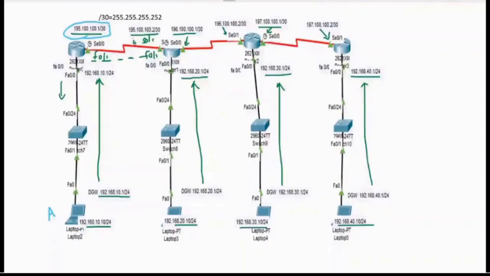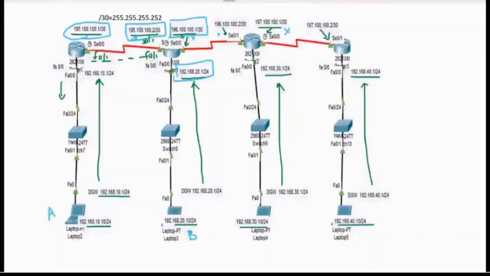You can't reach 195.100.100.2 either, or any other networks beyond that, because that particular router doesn't know how to reach the other networks. So the PC B can only travel up to 195.100.100.2 and 196.100.100.1. It can't reach the other network because that second router doesn't know how to reach 196.100.100.2 or 195.100.100.1.